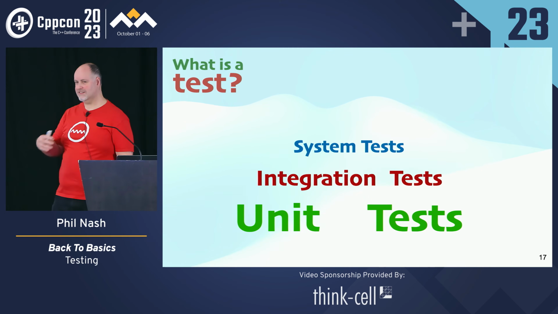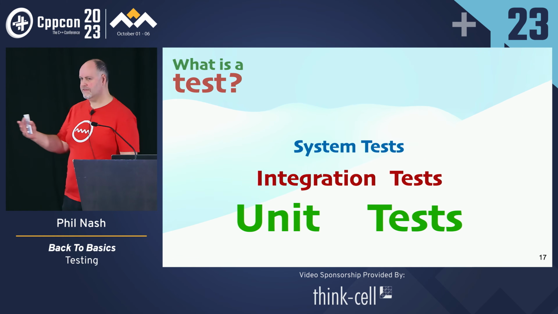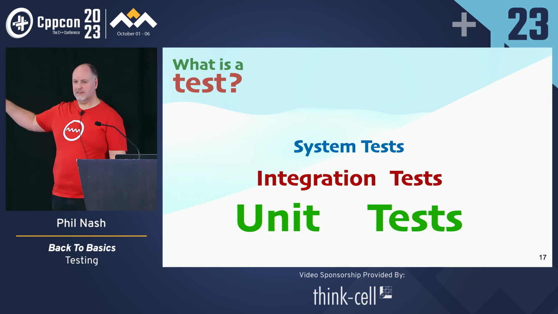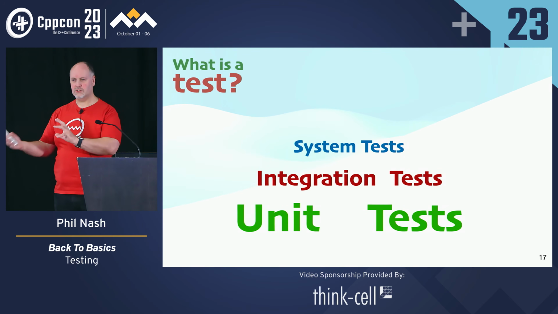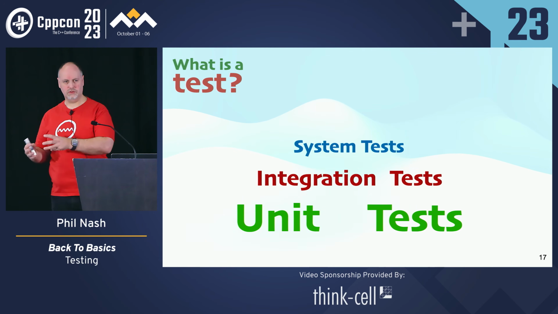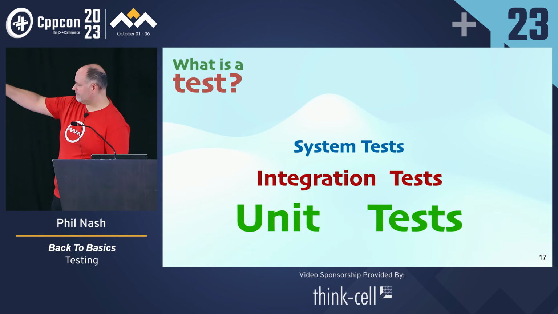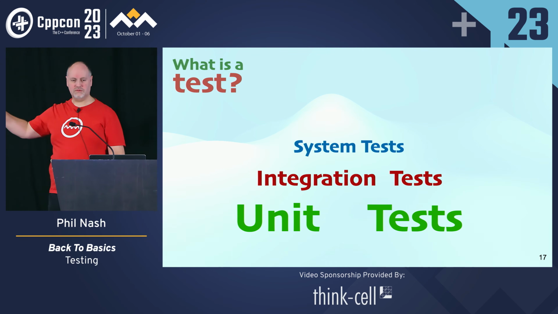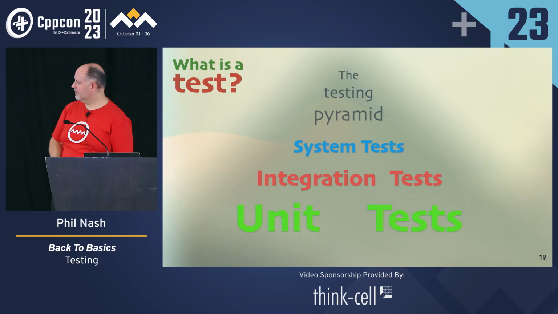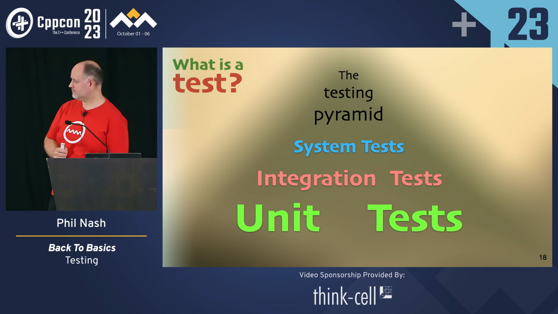So UI testing, acceptance testing, manual testing, all of those things, even fuzz testing, throw loads of things in there. But they exercise your whole system end-to-end, and very valuable, but also very difficult to work with, to automate, and so on. Now, the reason I've illustrated them this way is because they form what's often called the testing pyramid.